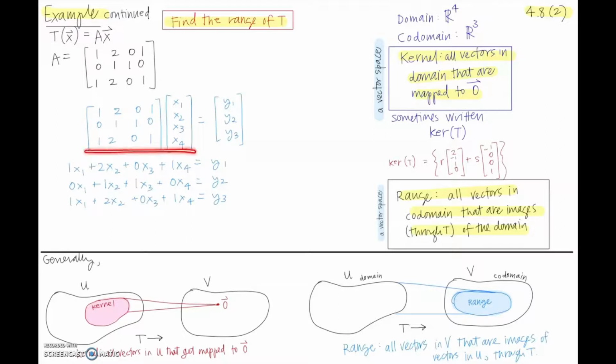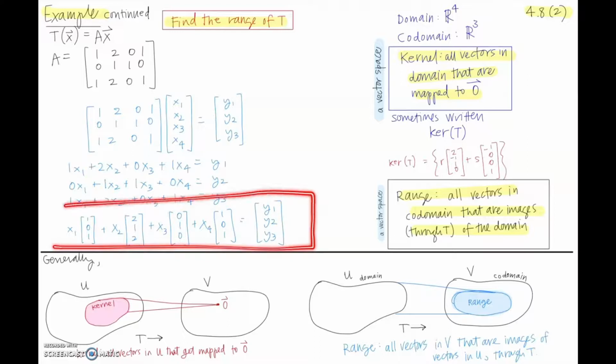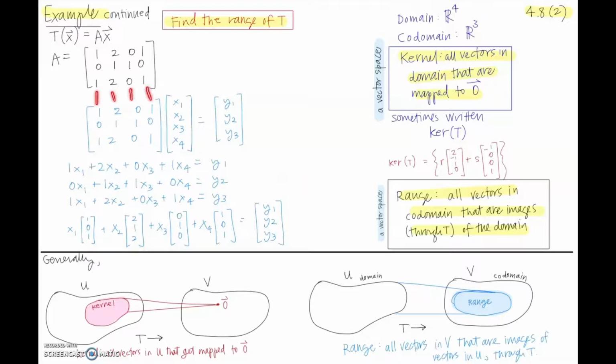When you think of this multiplication being done, you know that it looks something like this. Well, another way of writing all of this is just this. And so it is true that the range of T is the span of these 4 vectors. The range of T is the span of the columns of A. So to find the range, we just have to look at and see what those columns are spanning.